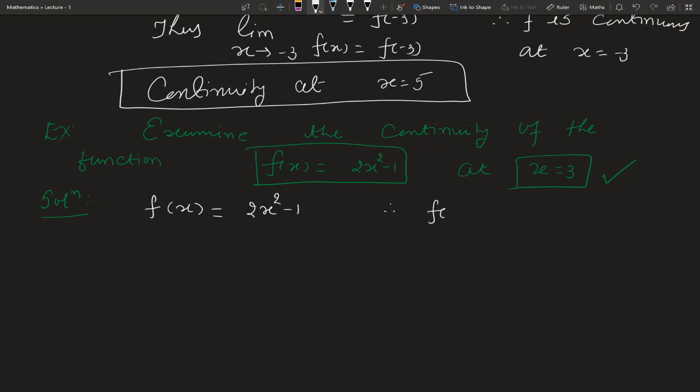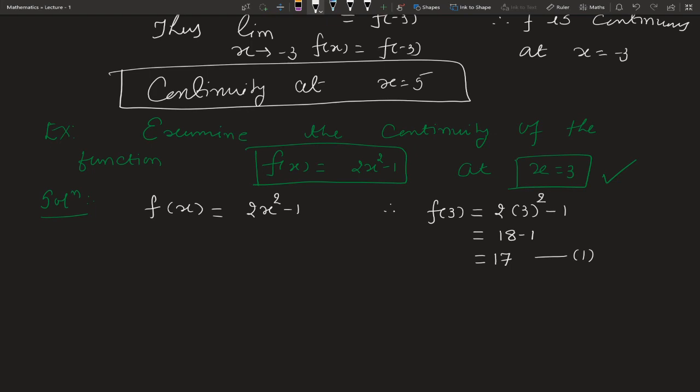Therefore f of 3, put x equal to 3: 2 into 3 square minus 1. 3 square is 9, into 2, 18 minus 1, that is 17. Say this is result number 1. So this is the value of f of 3.